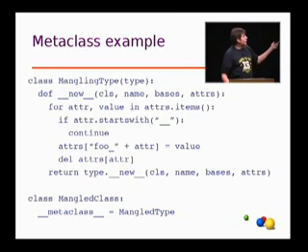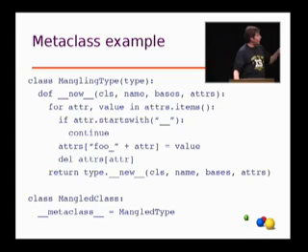And then to use the metaclass, you have to explicitly tell Python to use a different metaclass than whatever's the default, which is type. You set __metaclass__ to the mangle type in the class dict, or if you want, at the top of the module. Now metaclasses get inherited, so if you subclass the mangled class, you automatically get the mangled type as metaclass.